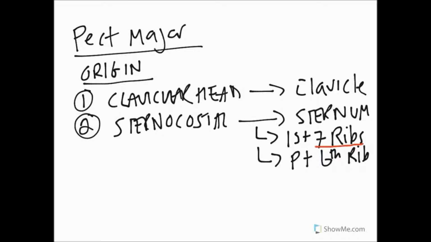And both of these heads insert onto part of the humerus, which is the upper arm, and there's a particular name for that called the Intertubercular Sulcus.